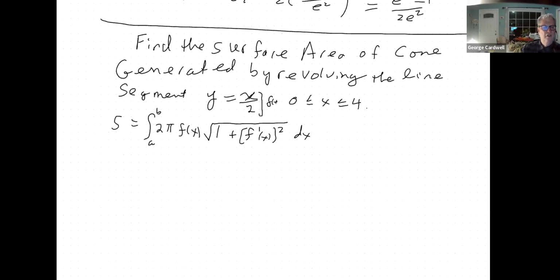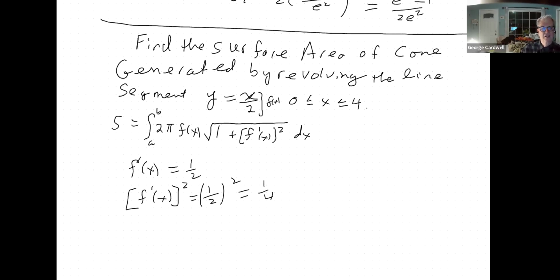So let's do the arc length part first. So I got this formula. It says I got to have f prime. Well, if x over 2 is f of x, f prime is a half. It says I got to square f prime. That'd be 1/2 squared, or 1/4.